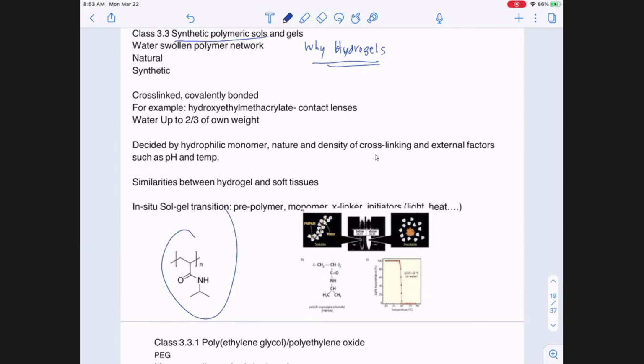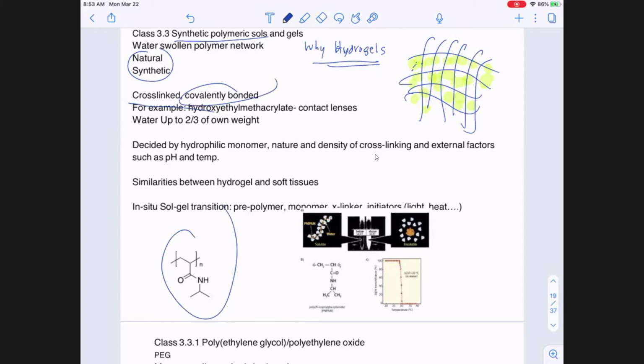Hydrogels can absorb water molecules and swell, for artificial tissues. It could be natural or synthetic. Gelatin is a typical hydrogel we use, and we make a cross-linking, covalently bonded, so that it's water non-soluble.